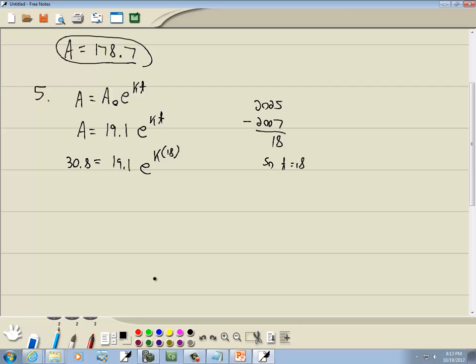Well, this is an exponential equation. So our first step is to get the part of the variable in the exponent by itself. So I divide both sides by 19.1. And K times 18 is 18K. Now I take natural log of both sides.